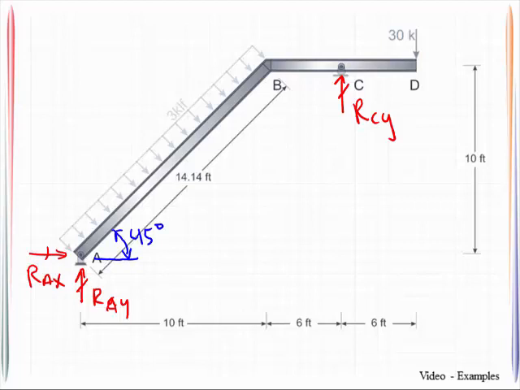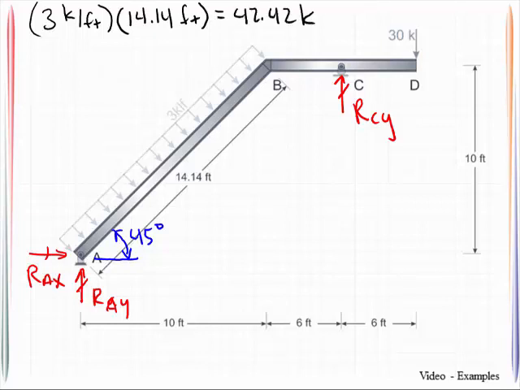Okay, so dealing with the 30 kip point load, that's easy enough, but that distributed load, we need to turn that into an equivalent point load. We will do that by taking the intensity, that's 3 kips per foot, and multiplying it by the length over which it is acting, which is 14.14 feet, and that will be equal to 42.42 kips.